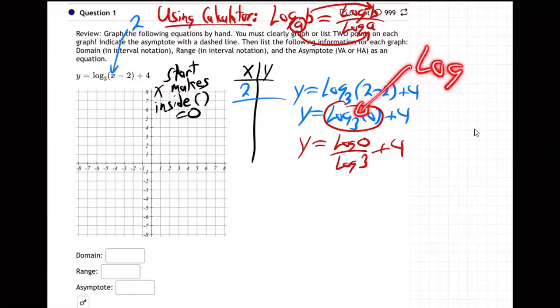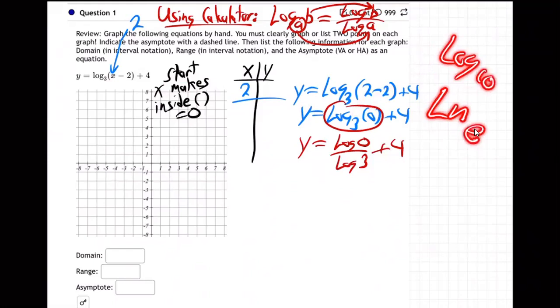We only have regular log, which doesn't show its base on your calculator, which means 10. And you have ln, which means base e. Remember the 2 understood logs? The 2 logs that don't show their base, those are the 2 buttons on your calculator. Regular log not showing its base, which means base 10, and ln, which doesn't show its base, which means base e. So you don't have a log base 3 button.